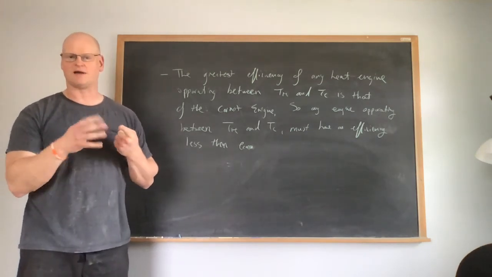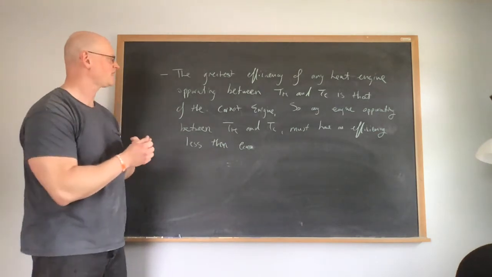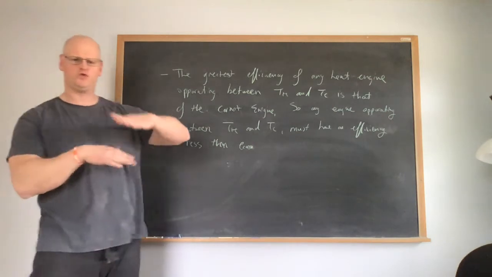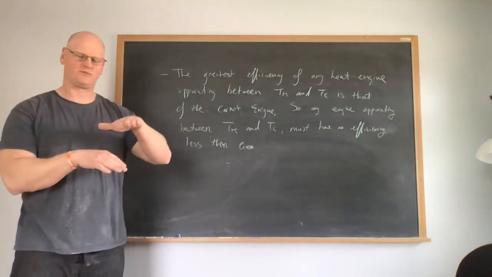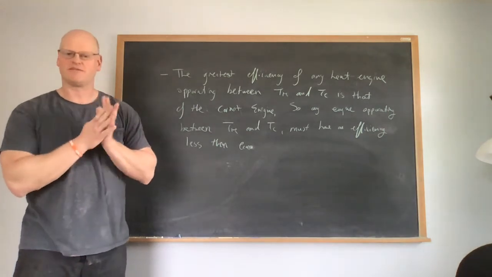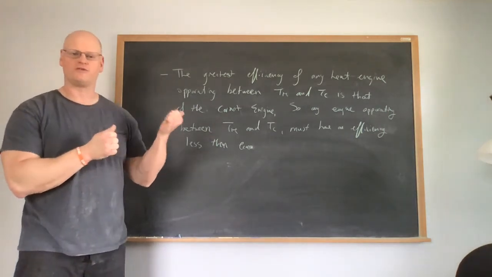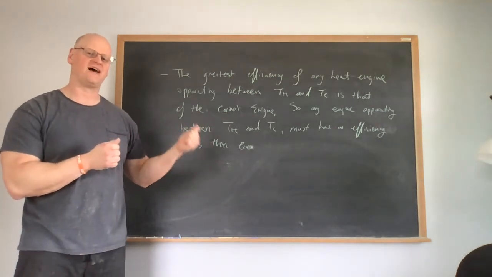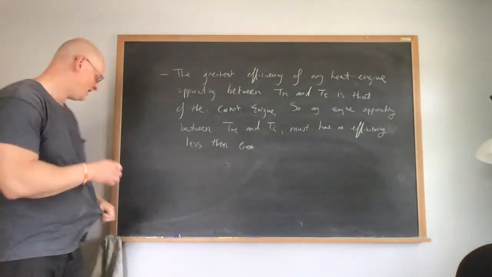We're always going to have some leftover Q cold. And finally, the third one says that for any heat engine working between two temperatures of T hot and T cold, the greatest amount of efficiency we can have is that of the Carnot efficiency. Therefore, any other heat engine must have an efficiency less than that of the Carnot efficiency.